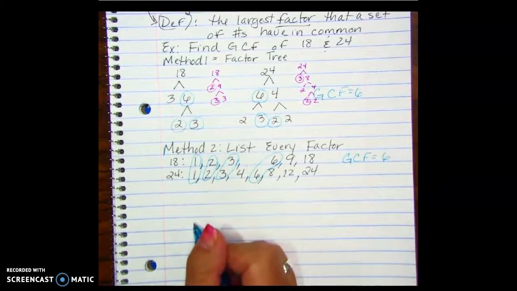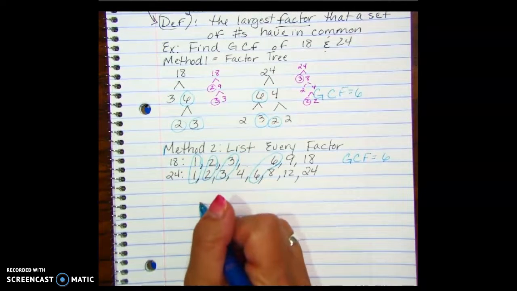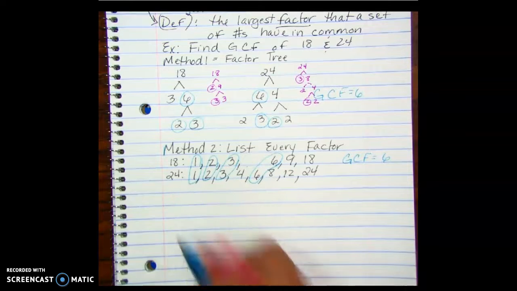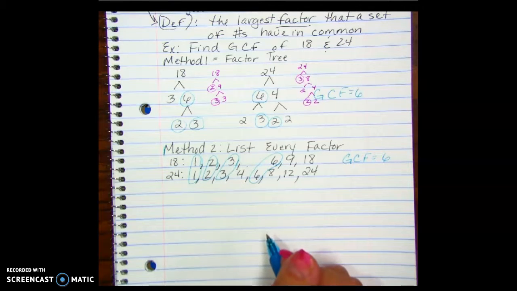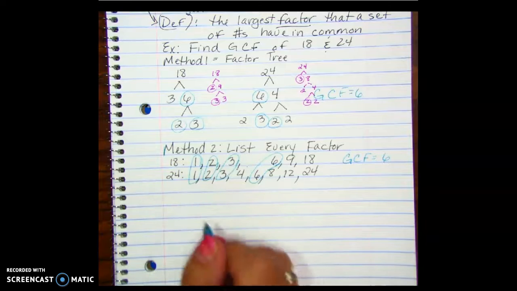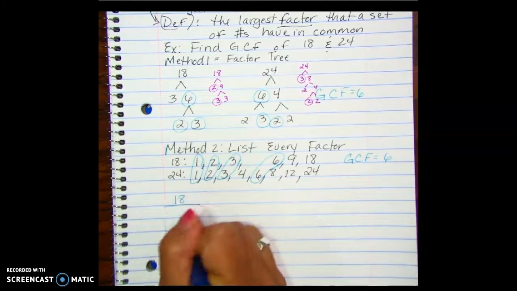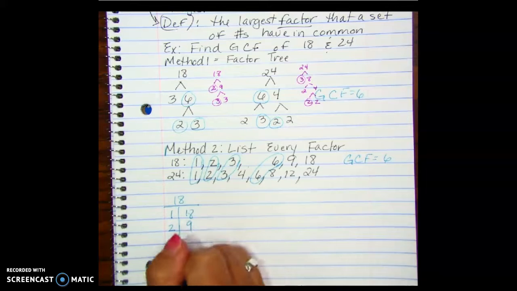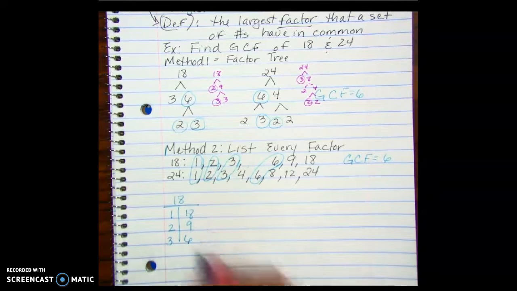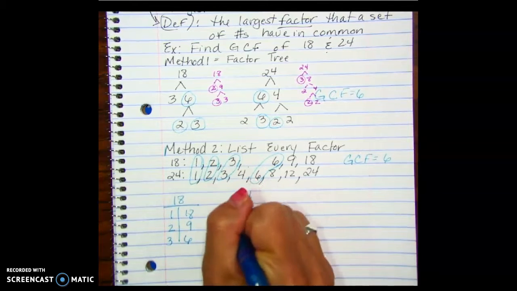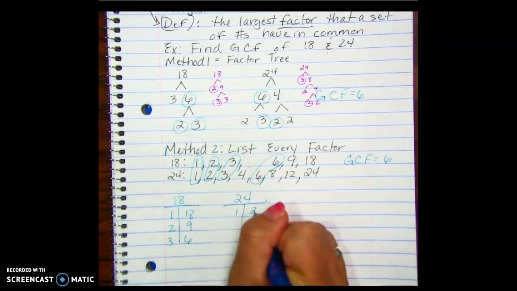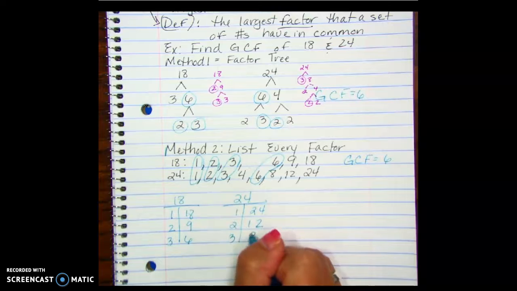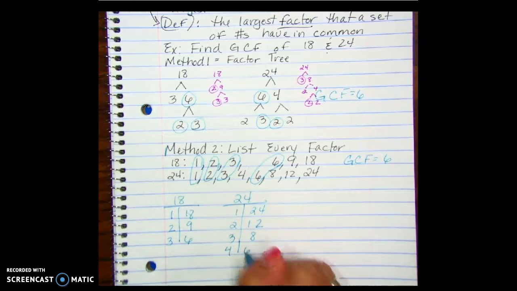Now, here's the other thing we could have done. Thank you, Camilla. We could have had the T-chart method, okay? So if we have the T-chart method, we write 18, and then you write all the factors. 1, 18, 2, 9, 3, 6, and 1, 24, 2, 12, 3, 8, 4, 6.